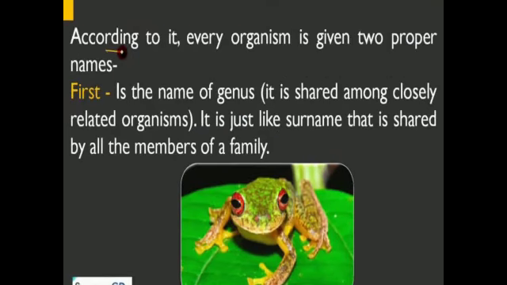According to this system, every organism is given two proper names. The first name is the name of the genus. Genus is shared among closely related organisms. It is just like a surname that is shared by all the members of a family.